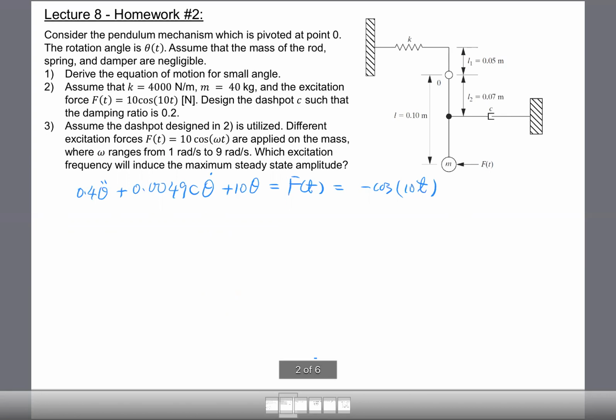Okay, so once you have the equation of motion, we want to connect this to the standard format we usually see.